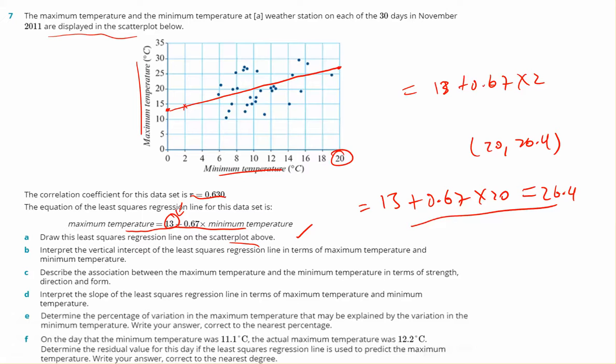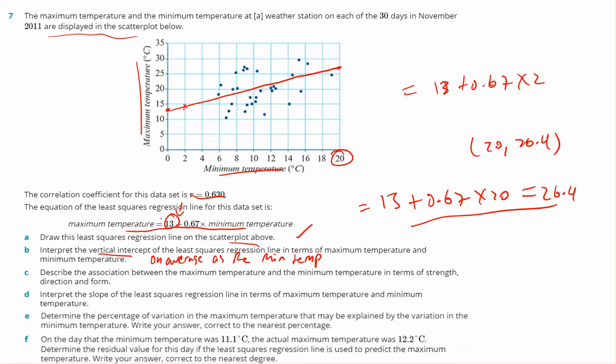Interpret the vertical intercept of the least squares regression line in terms of the maximum and minimum temperature. Okay, so this is a pretty scripted answer. On average, you must include the words on average. Not the gradient, sorry, the vertical intercept.